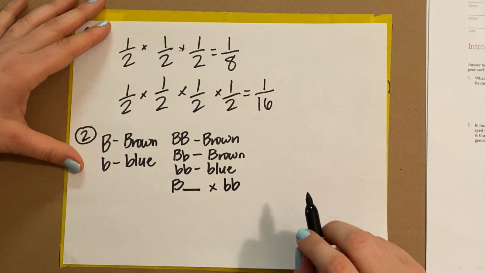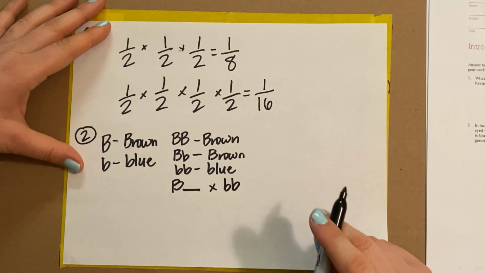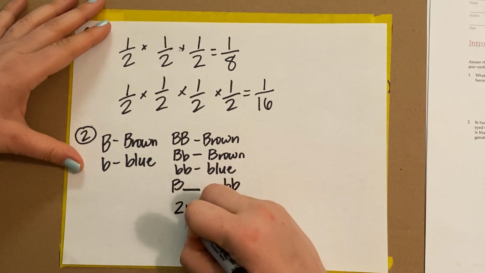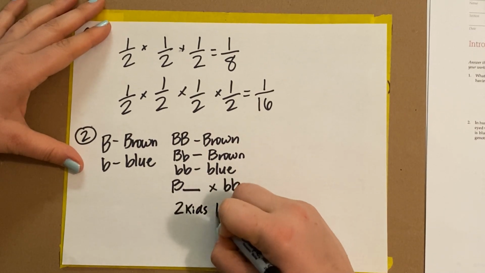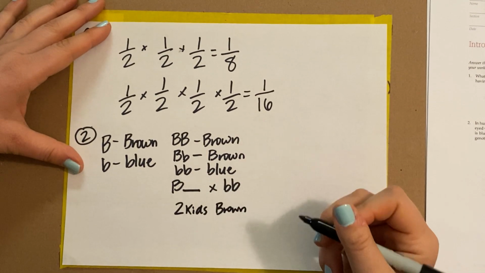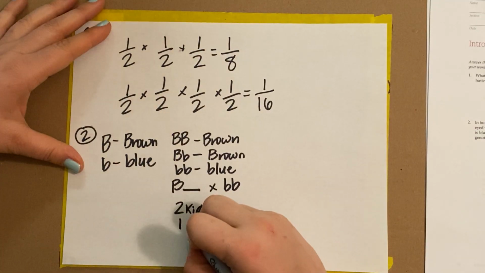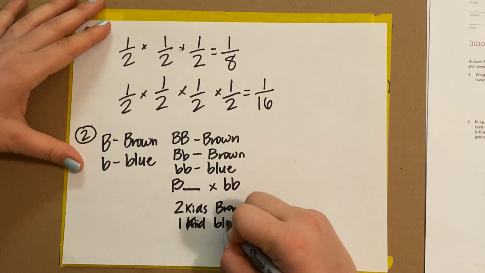When they have children, 2 of the children are brown eyed, so 2 kids are brown, and one child is blue.